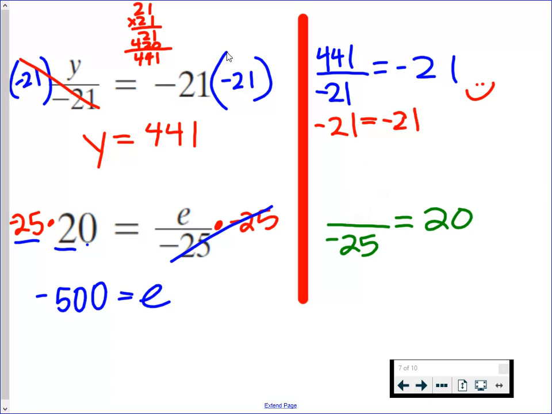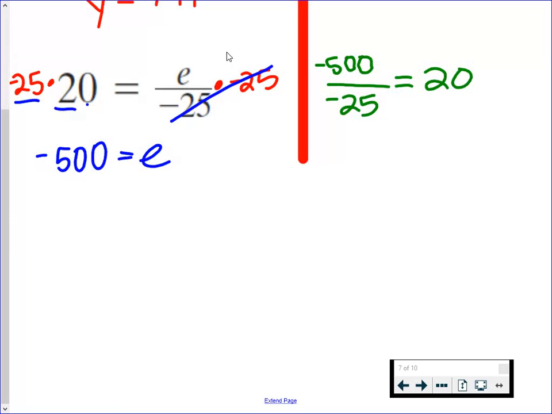Replace E with negative 500. I've been just standing here hoping that I could figure out what 500 divided by 25 was. Turns out, if I just stand here, I'm not going to figure it out. I better do some side problems.